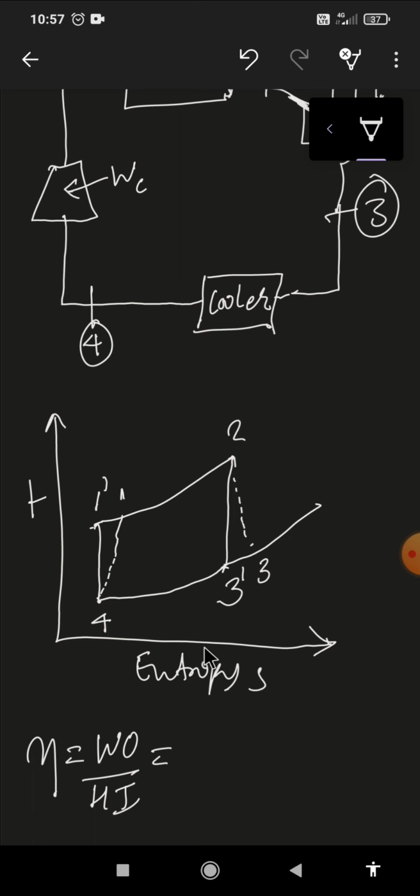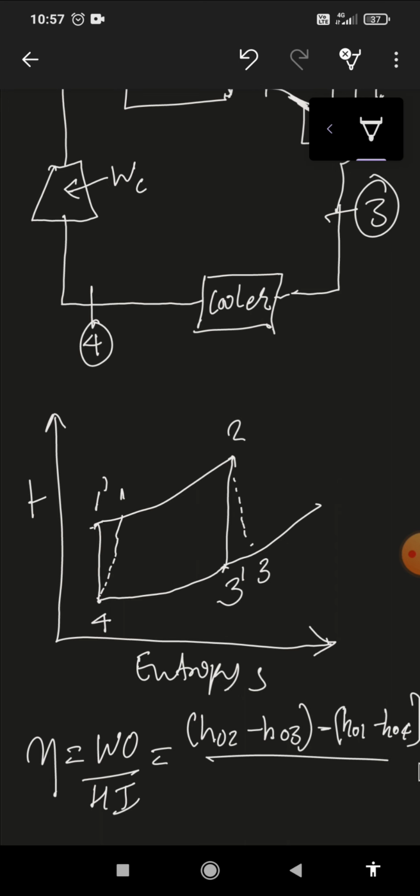So we write h02 minus h03. This is the work output minus the work input. We give input in the compressor, the 4 to 1 process, so we subtract h01 minus h04.